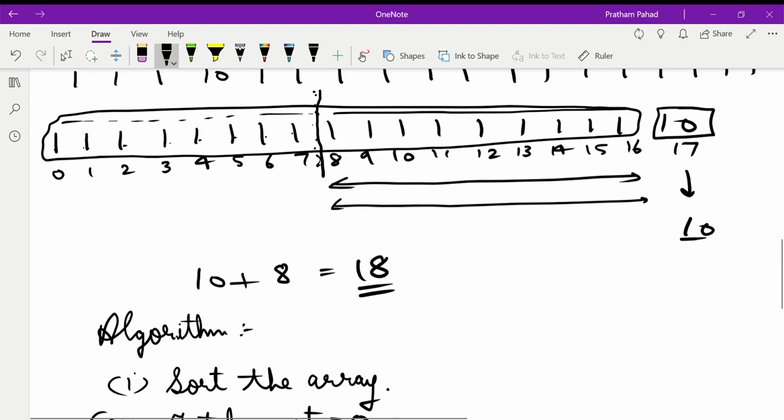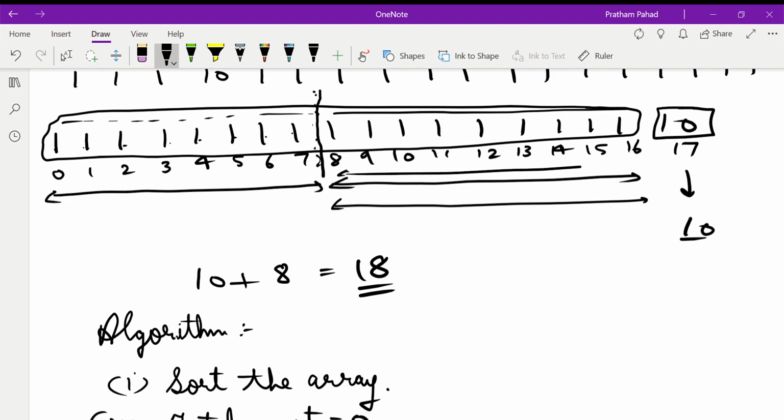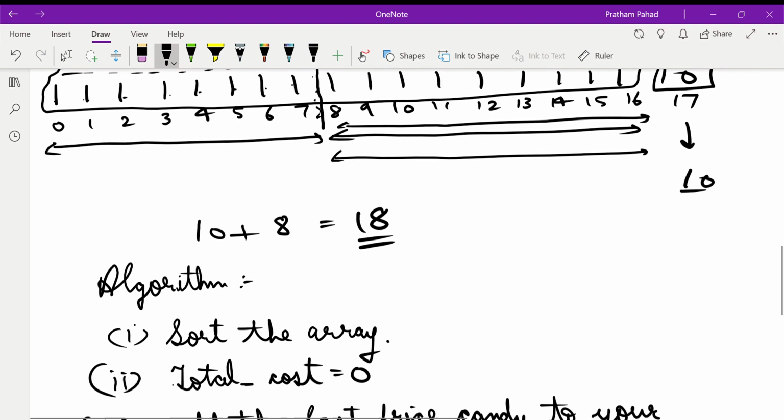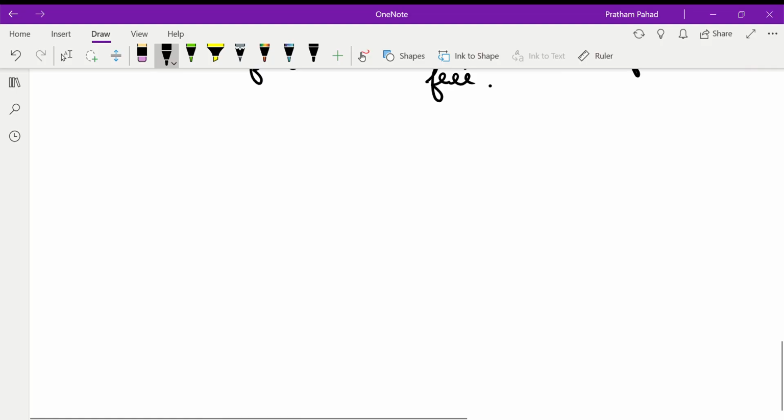As we discussed in the example, if I purchase this part of the candy, I will be able to purchase this part of the candies for free. Okay, so this is how our code will run.